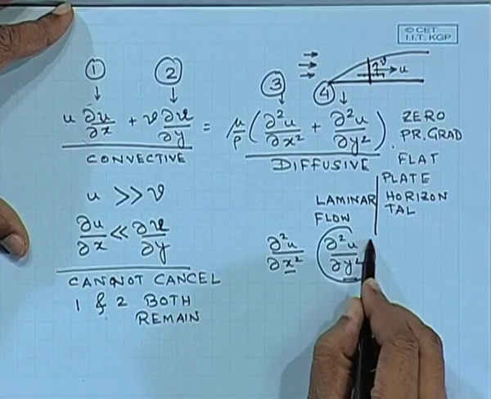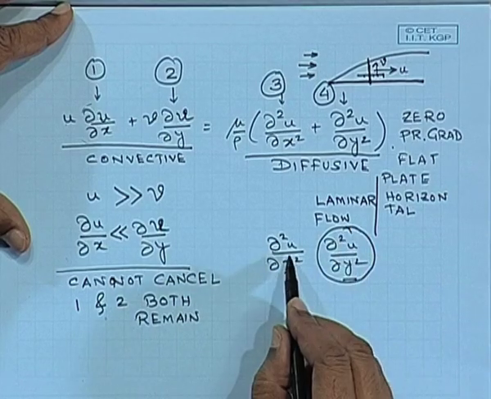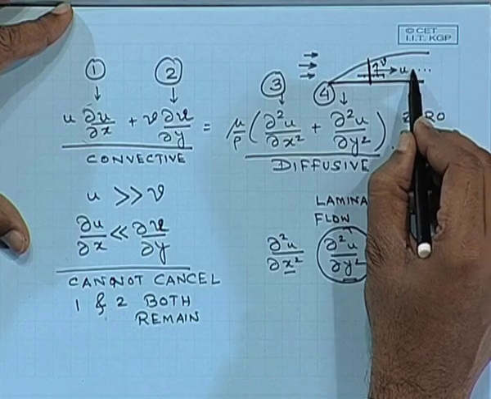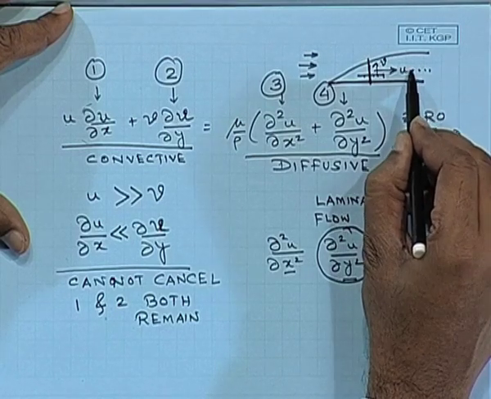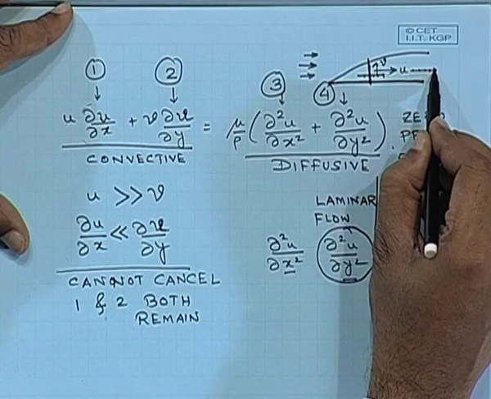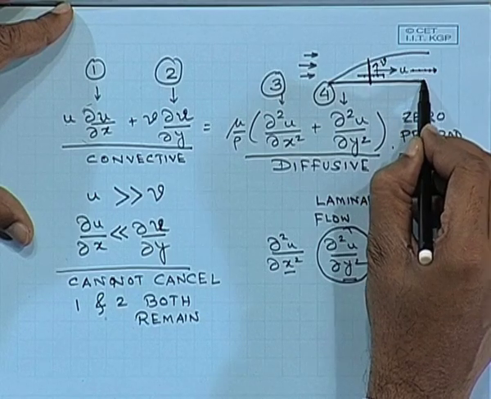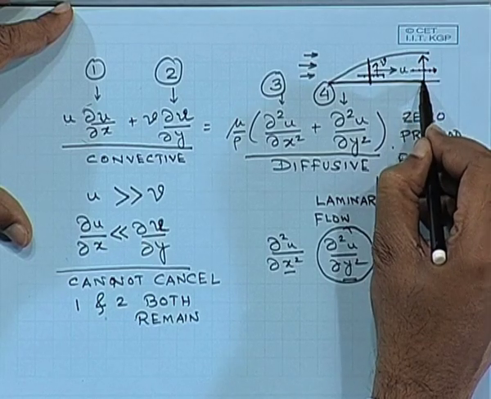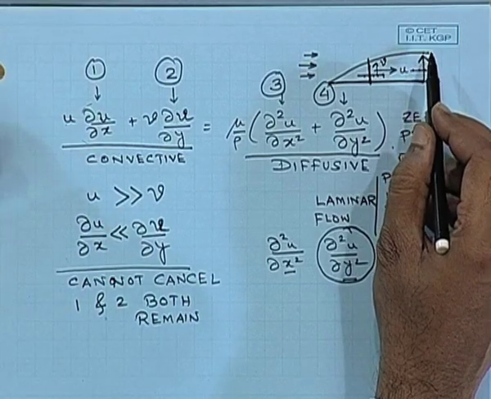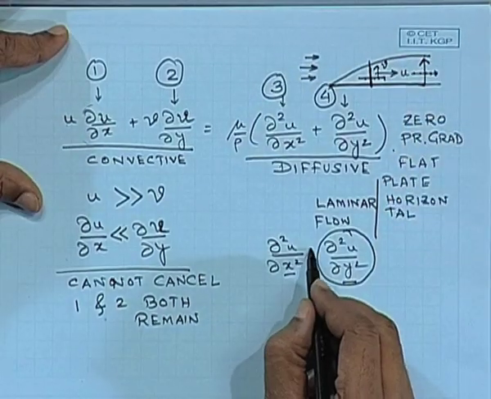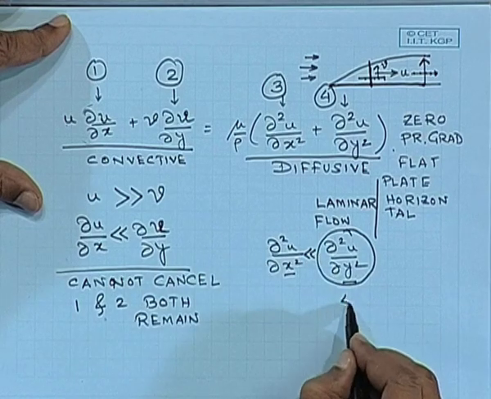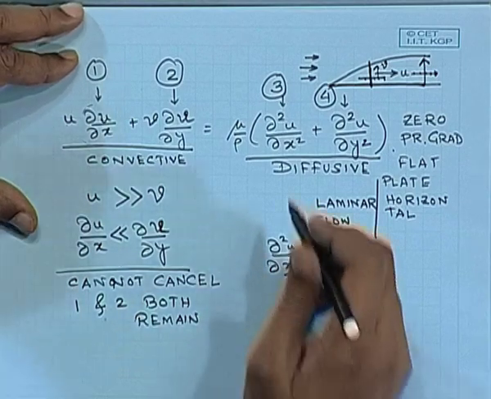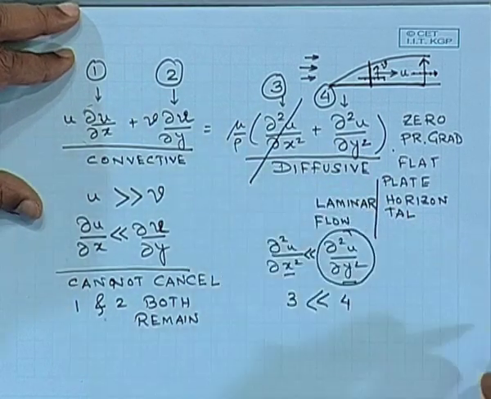Obviously, term 4 is going to predominate over term 1. Since we know that the velocity varies by a little amount in this direction, the viscous momentum transport in this direction would be small compared to the viscous momentum transport in this direction, where the velocity changes from 0 to u infinity over a very small distance. So, this is going to be large, that means 4 is going to be very large compared to 3, as a result of which I should be able to cancel this term.